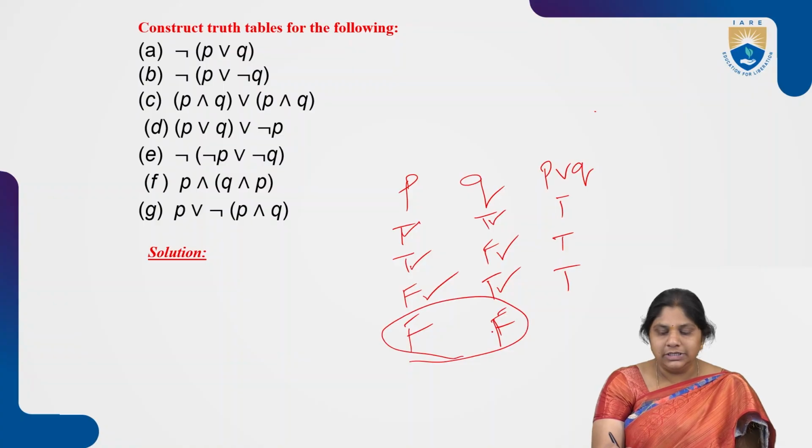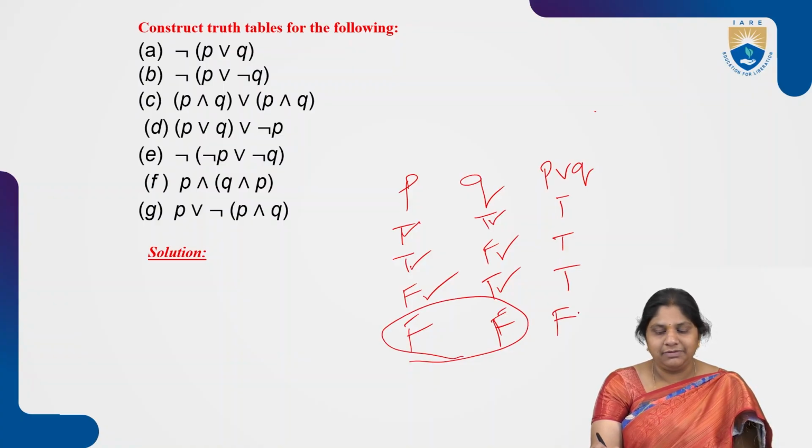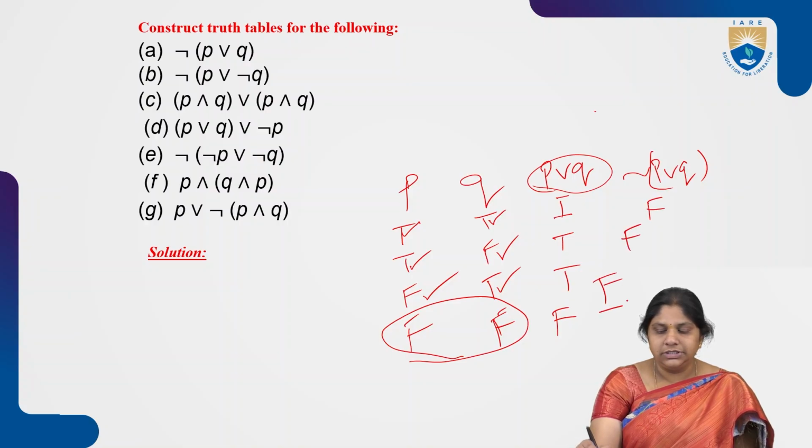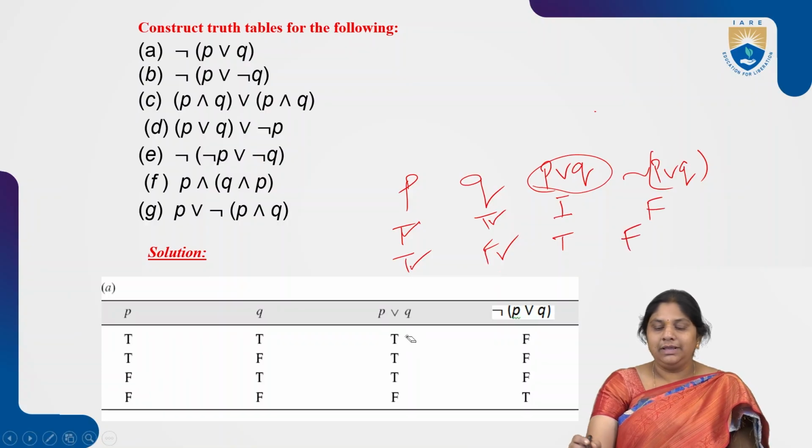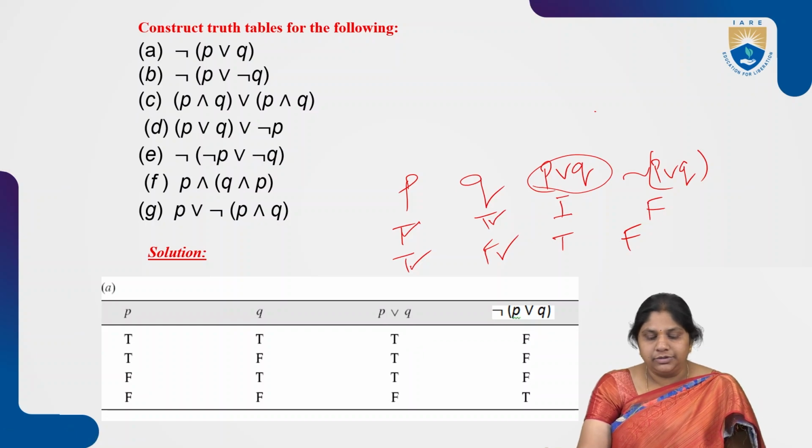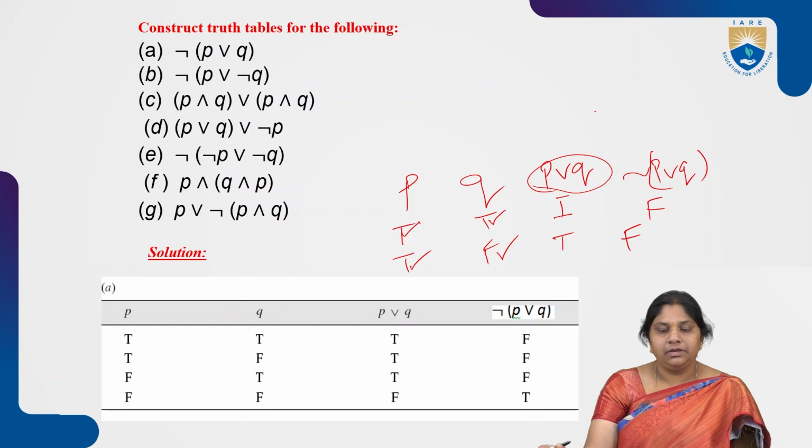If both are false, P or Q will give false. For this we need to do the negation of P or Q, so true becomes false, false, false, true. Like this we can get the truth values of the negation of P or Q.